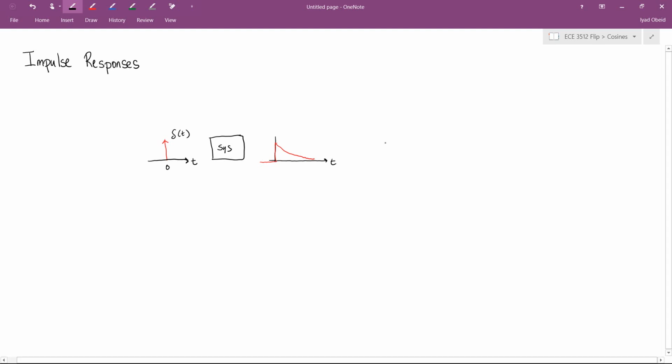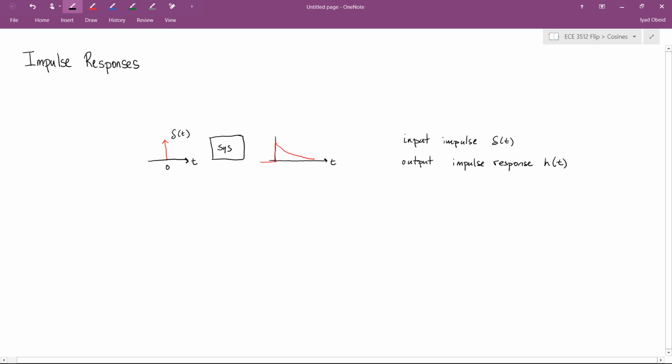So just to write out what we've done, we are taking an impulse. So the input is the impulse, which we refer to as delta of t, and by definition what comes out is the impulse response, and traditionally that's referred to as h of t.